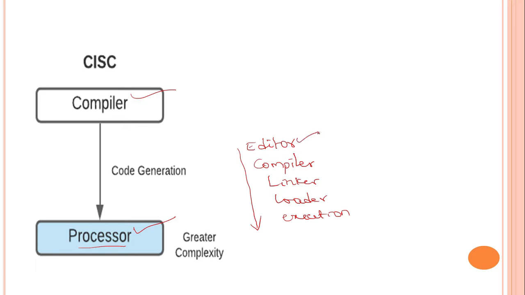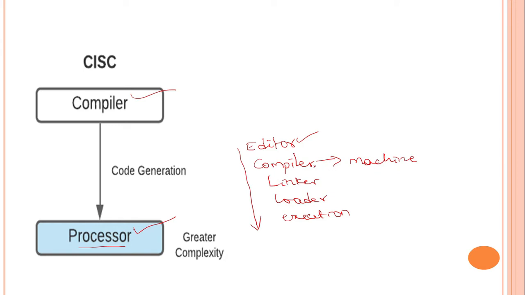In the editor part, the user defines the instructions with respect to the programming task. Then the compiler converts this high level language, which the user writes as English statements, into machine language. This machine language will be understood by the processor.